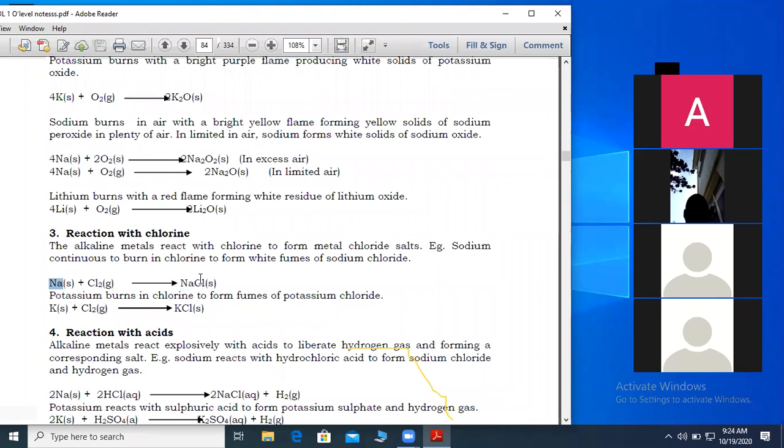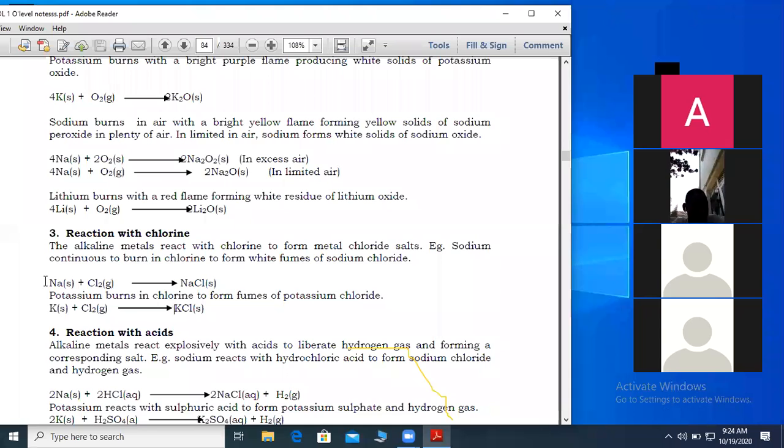The same thing applies here when potassium is heated in chlorine. This equation is not balanced also. We are supposed to put 2. Please ensure that you write these 2 equations in your book such that you correct them when you are writing notes.